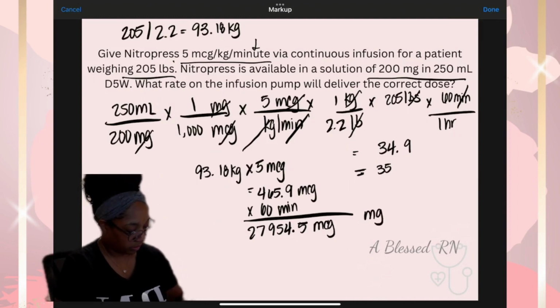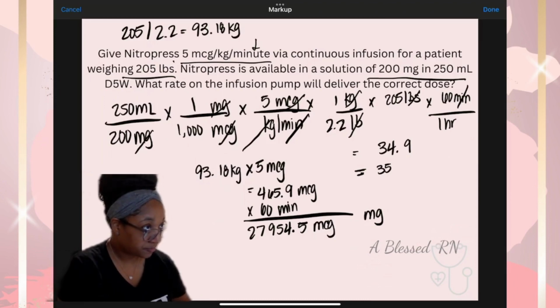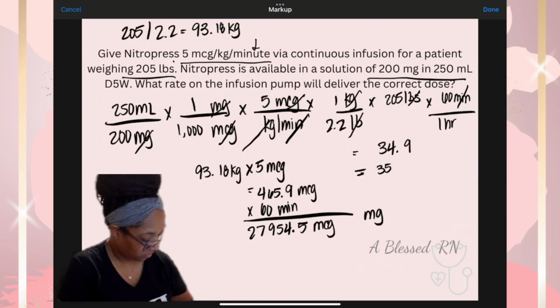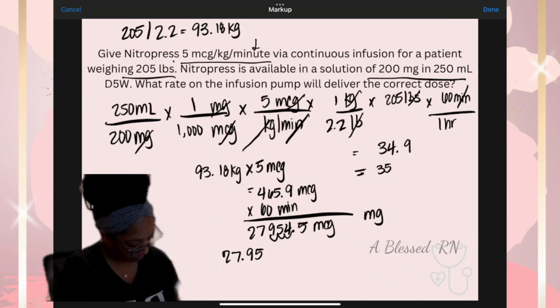So we're going to do little to large, 3 spaces to your left. Alrighty. 1, 2, 3. 27.9. So, boom. That's how many milligrams.